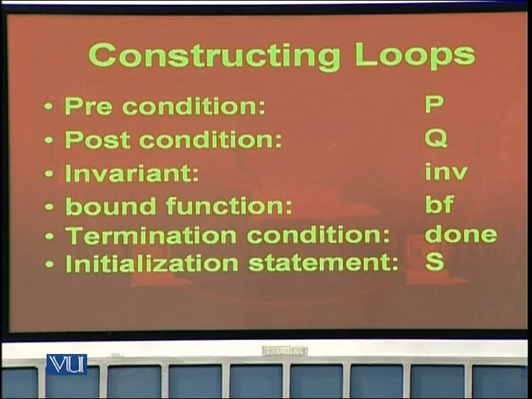इन्वेरिएंट कंडीशन ये है कि throughout the execution of this loop, after each and every iteration of the loop, this is the condition that remains constant, that stays the same.